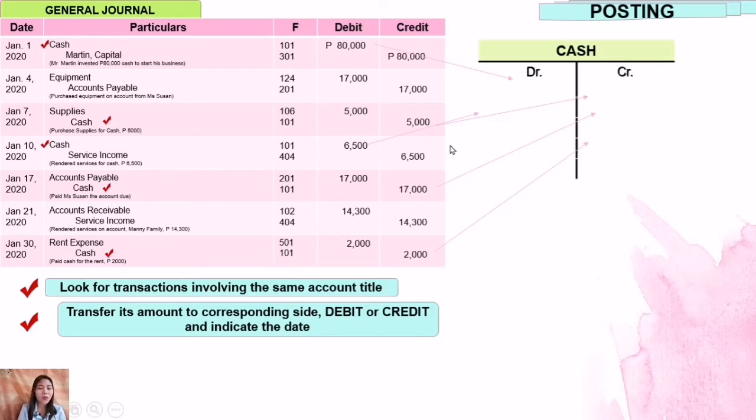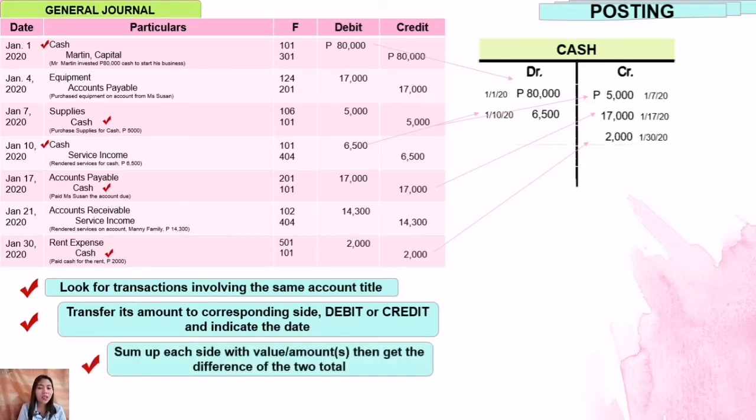Cash in the January 7 transaction is credit. So you will credit the amount. That's it. Then debit on January 10. Indicate then the dates on the side of each amount. So after transferring those amounts in their respective side, then sum up each side, then get the difference of the two totals.